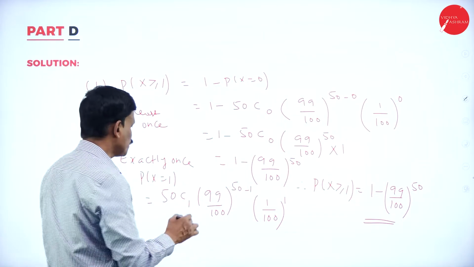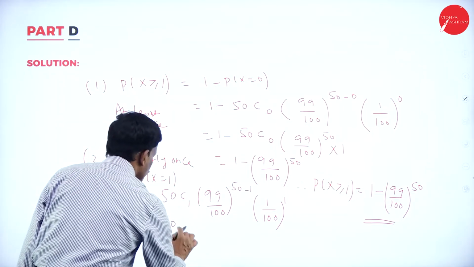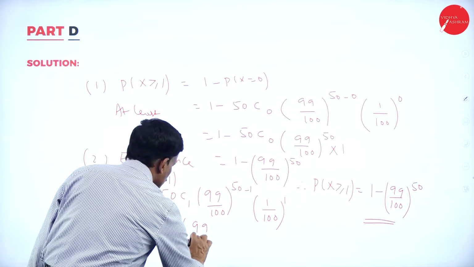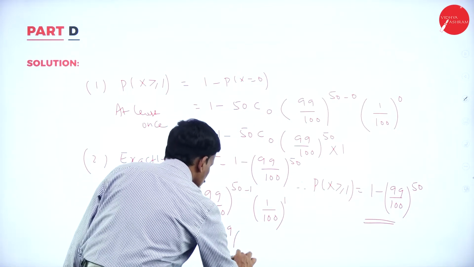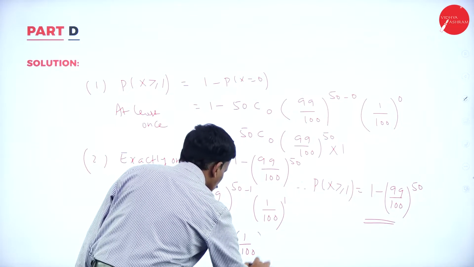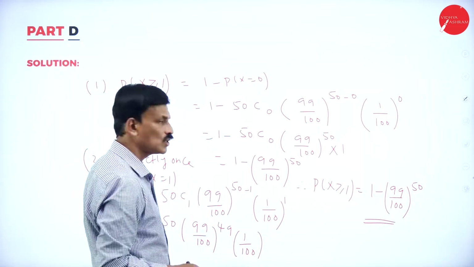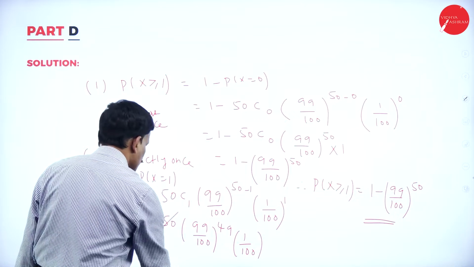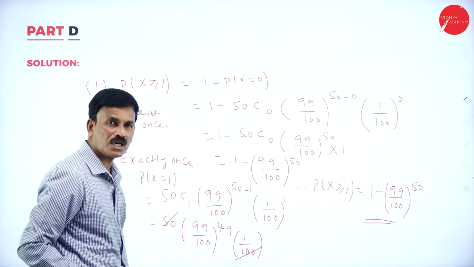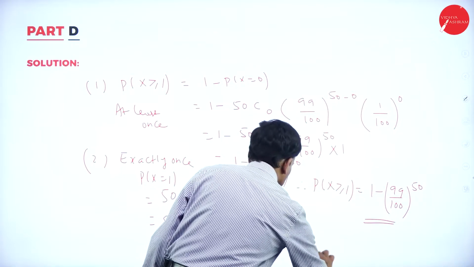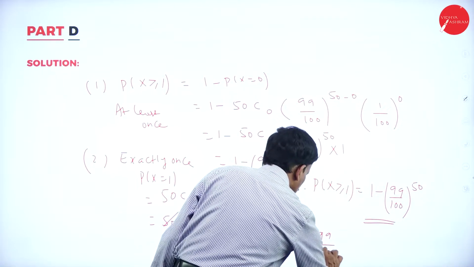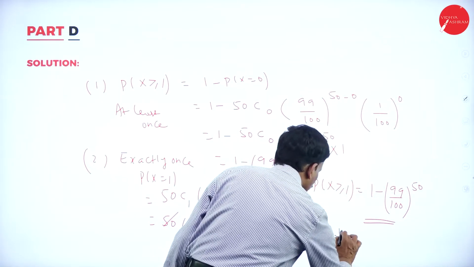So, this is equal to 50C1, which is 50, into 99 by 100 to the power of 49 into 1 by 100. Now, you can cancel this: 50 ones are 50, 2 hundreds are 100, so this is 1 by 2 into 99 by 100 to the power of 49.